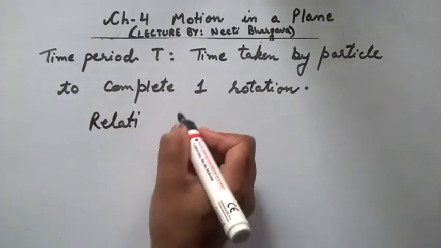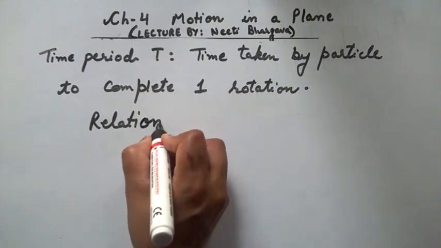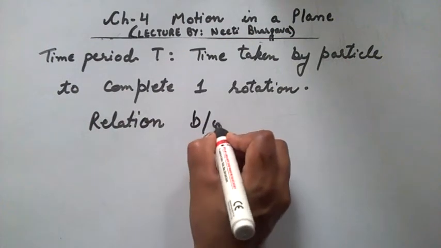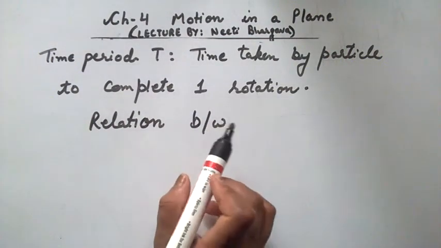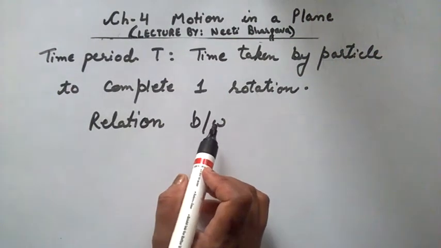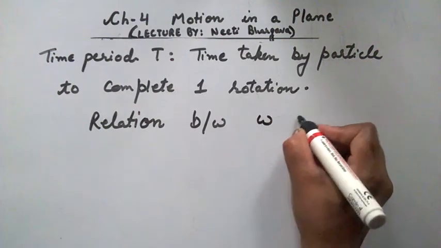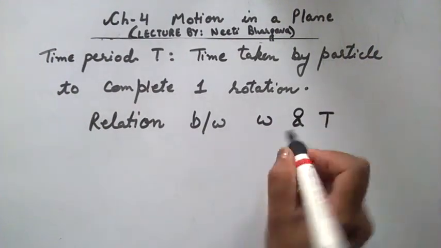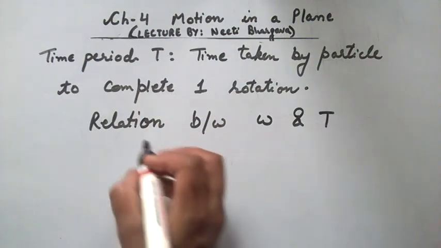The formula of angular speed and angular velocity are the same, but the difference is that in angular speed direction is not given, it has only magnitude, that is angular displacement by time, and in angular velocity there is a direction which is along the axis of rotation, that is known as axial vector.